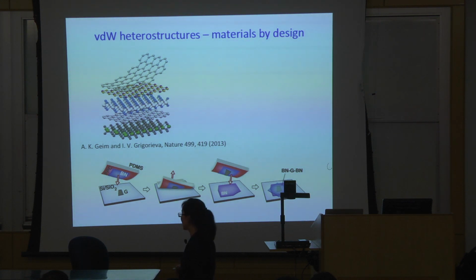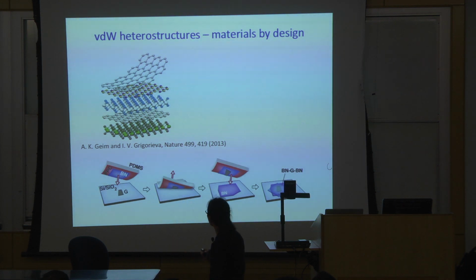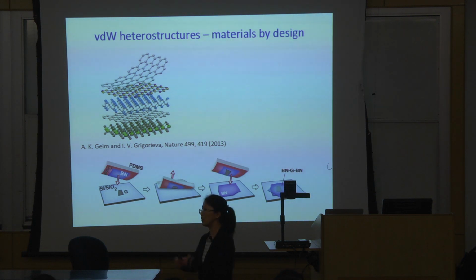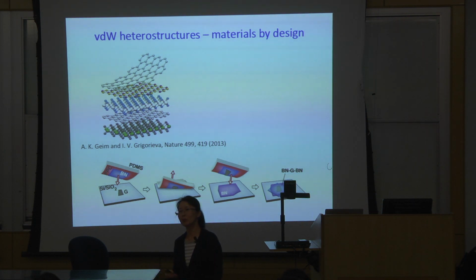Then you come in with a stamp, and you can pick it up because the adhesion to the polymer is stronger than adhesion to your substrate. And adhesion between your 2D material and your stamp can be changed by changing the temperature of that stamp. So you can pick it up or drop it, put it pretty much anywhere you want.